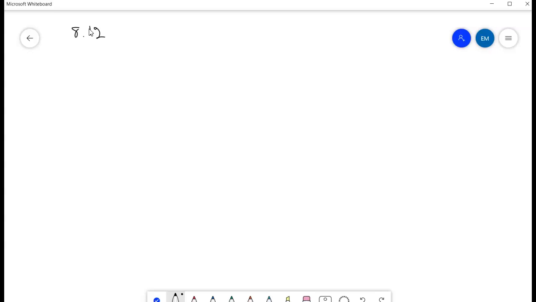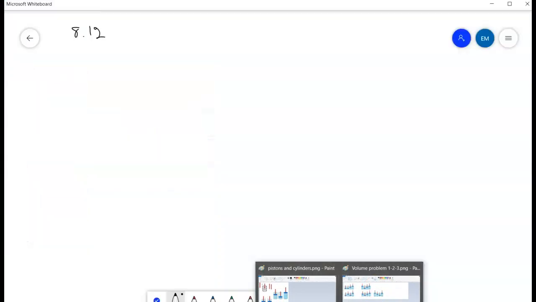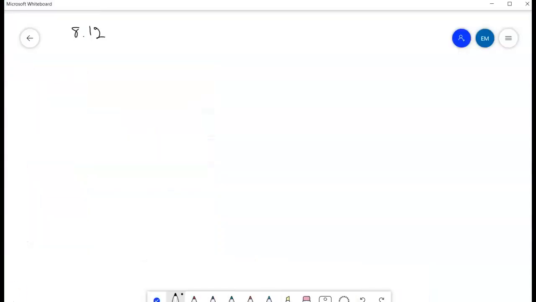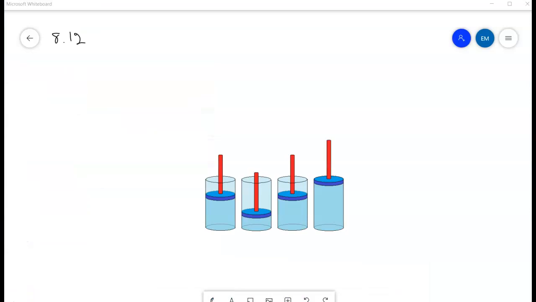This one uses balloons, but that's okay. We have a graphic here that will serve the purpose. Just bear with me a moment here, and I'll bring that up. Okay, here's the diagram.